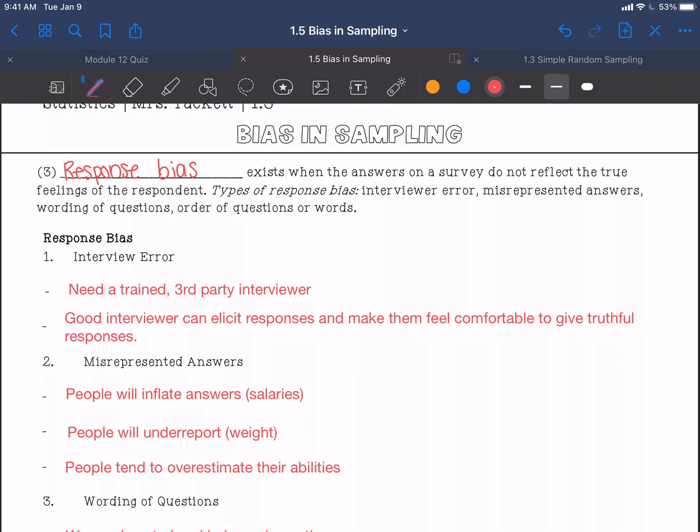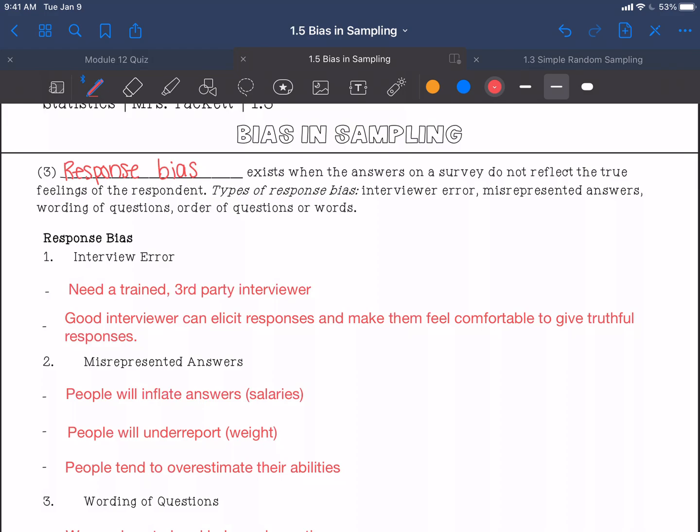That can help because a good interviewer can elicit responses and make them feel comfortable to give truthful answers. So good interviewers know how to ask questions in a way that people understand and can answer appropriately, and they trust that person enough to give them a truthful response.